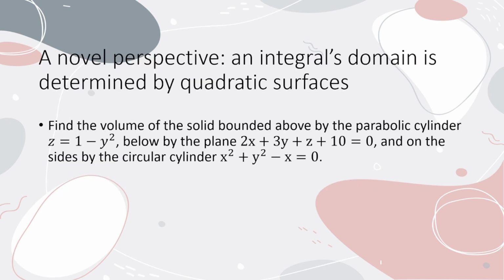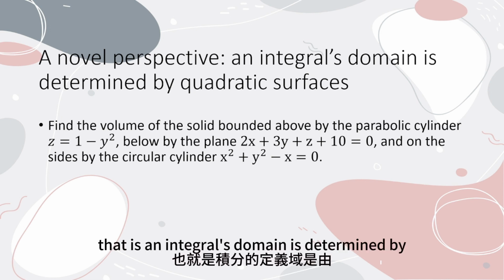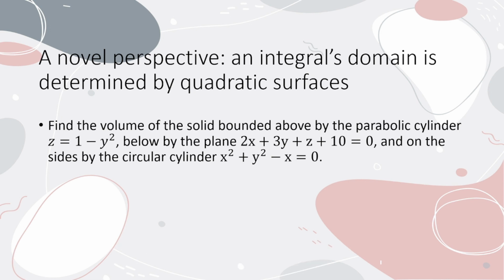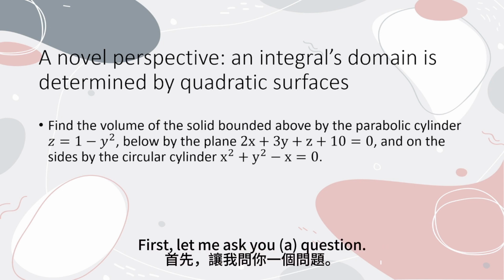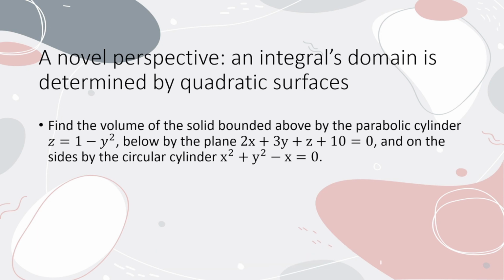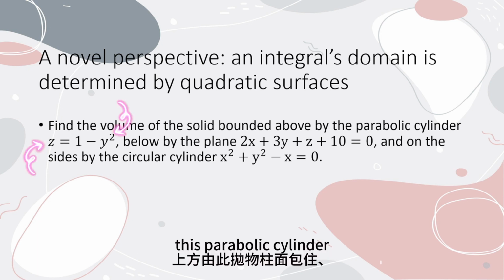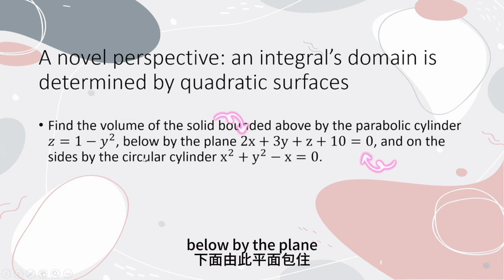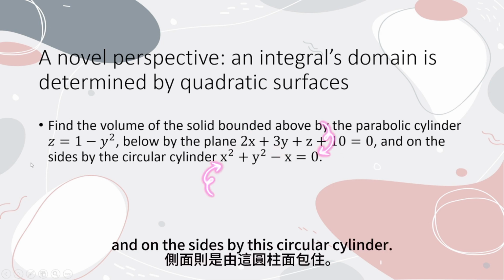Next, I will introduce a novel perspective, that is, an integral's domain is determined by several quadratic surfaces. First, let me ask you a question. What is the volume of the solid bounded by this parabolic cylinder, below by the plane, and on the sides by this circular cylinder?